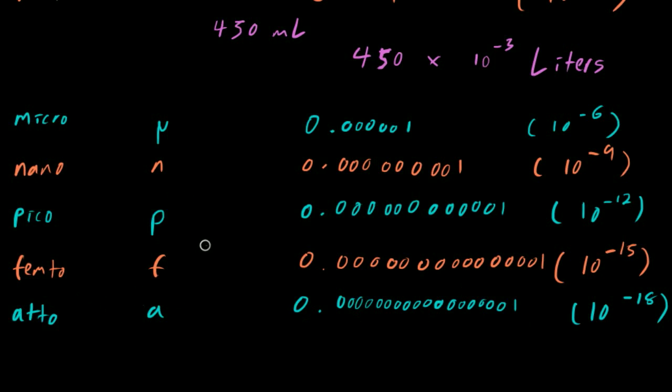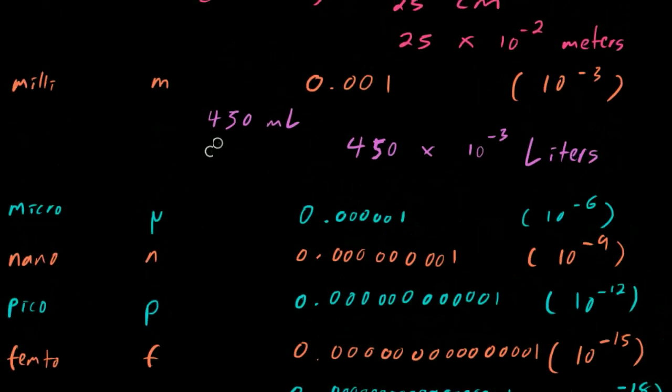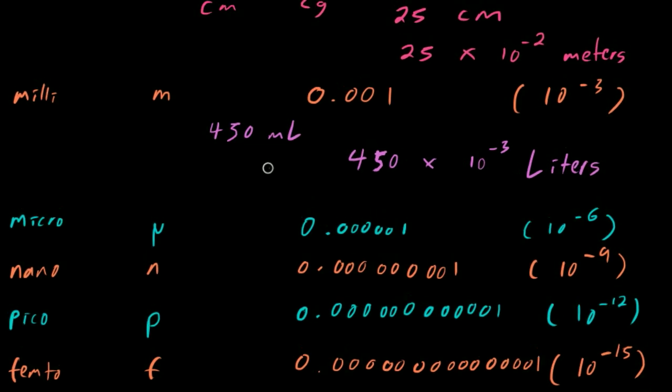So anyway, maybe in the next video, I'll do a couple of examples, like if we have 450 milliliters, how many liters would that be? That way you can check and make sure you've got the hang of this stuff.